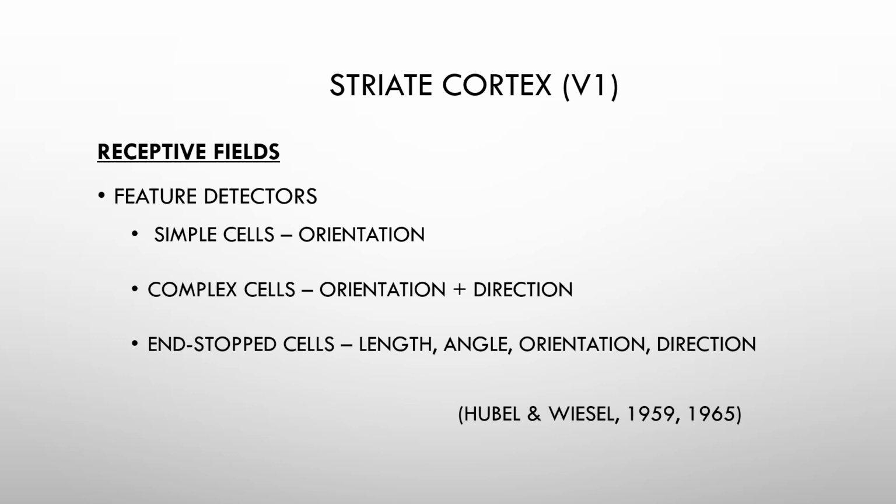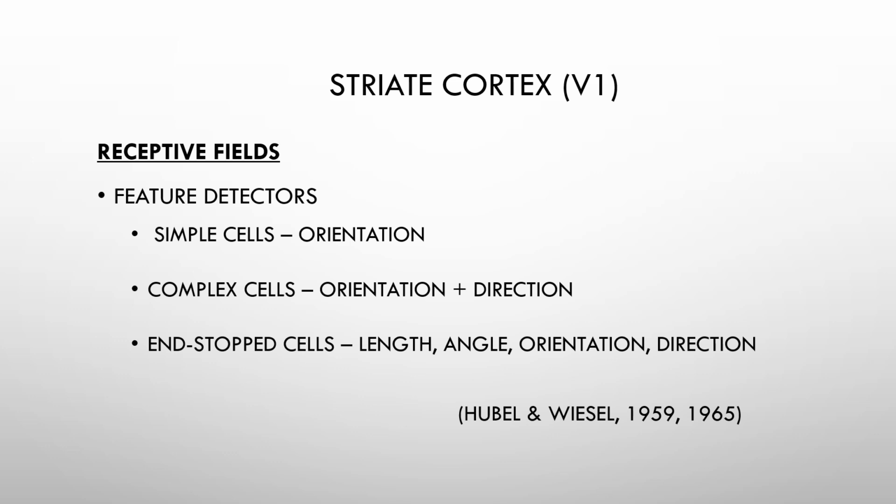It doesn't respond to a still vertical line, and it doesn't respond to a vertical line that's moving in the wrong direction. It's going to respond to a vertical line that's moving in a particular direction. But this could be an oblique line moving up. So my particular complex cells respond to specific orientations, moving in a specific direction.